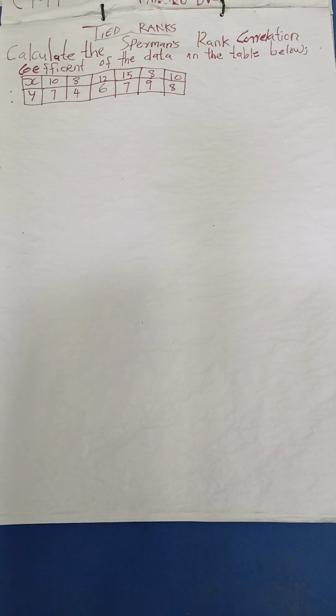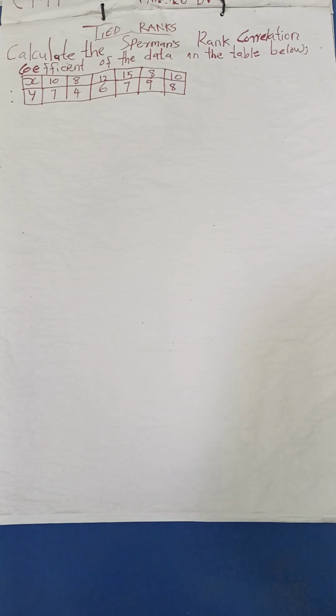We can use this formula to compare various things: the sales in your business, what you have harvested compared to what you had before, or how you are feeding your animals and the output you are getting, like the milk you get on a daily basis. So that is the importance of Spearman's, or correlation in general.